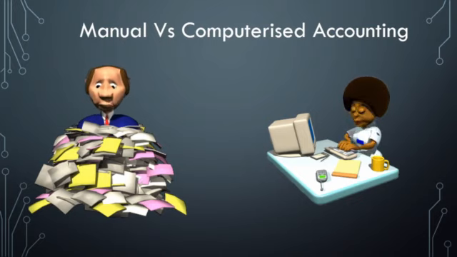However, they differ only in their mechanism. That is, manual accounting uses pen and paper to record transactions, whereas computerized accounting makes use of computers and the internet to enter transactions electronically.